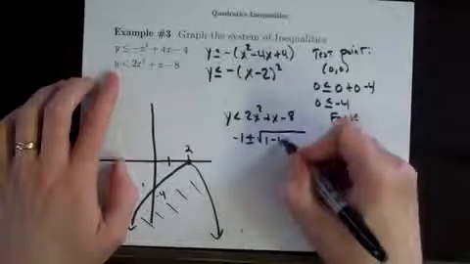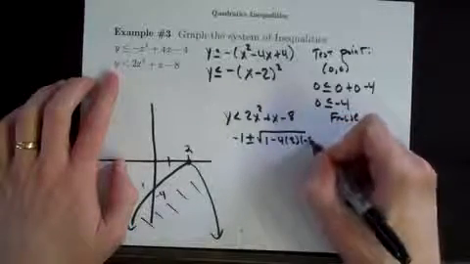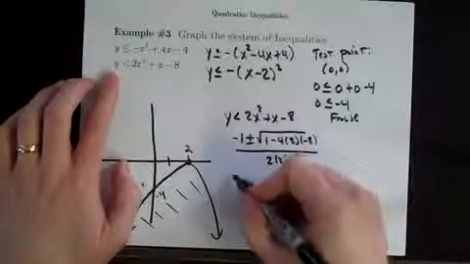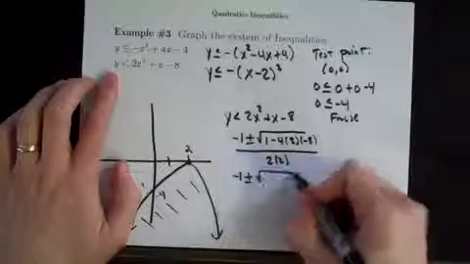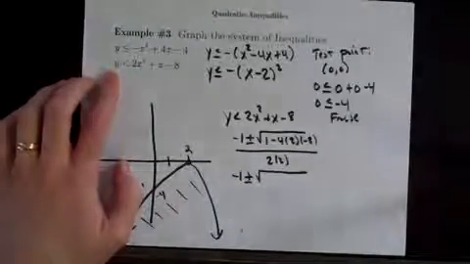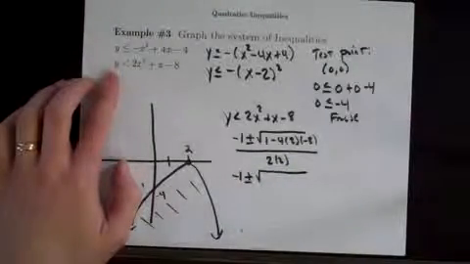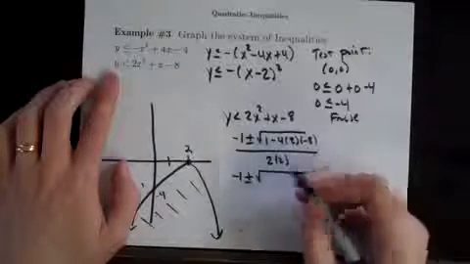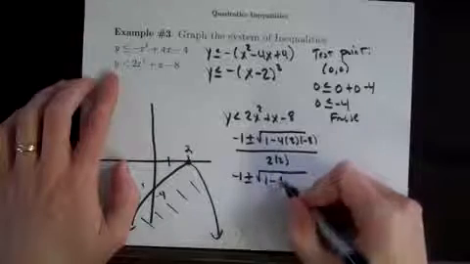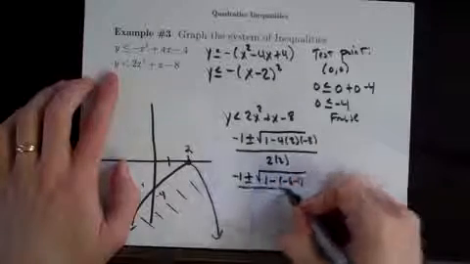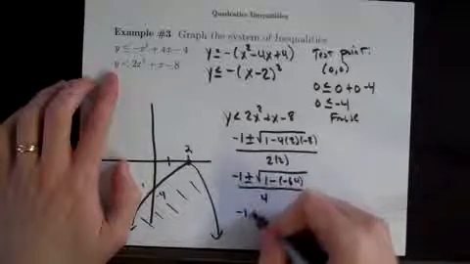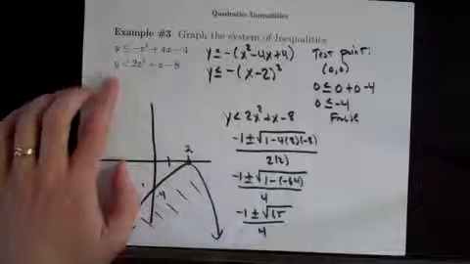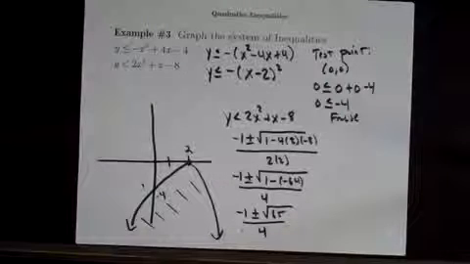This is 8 times 8, 64. So this is 1 minus... Okay.